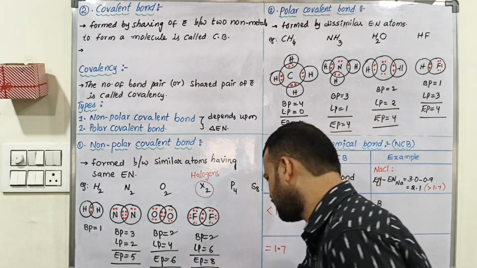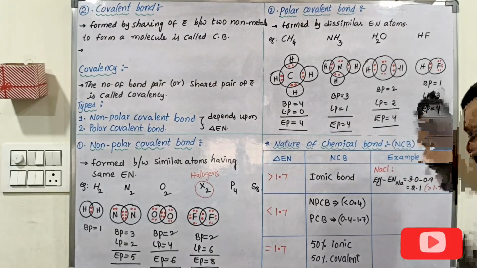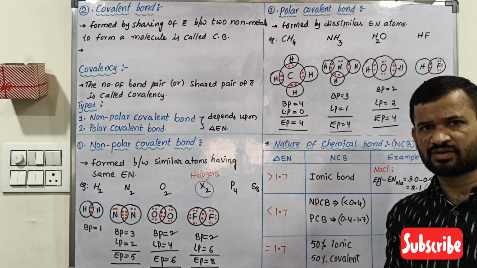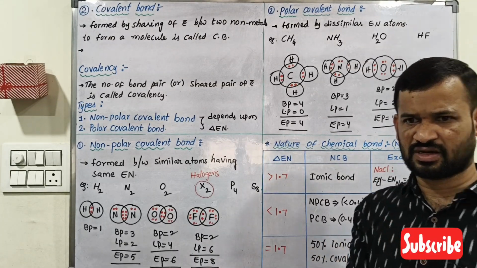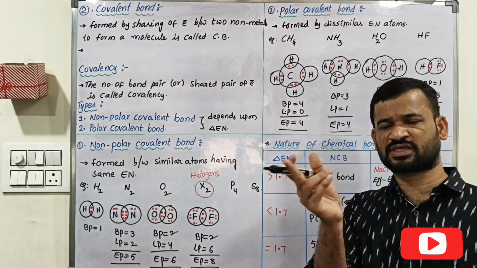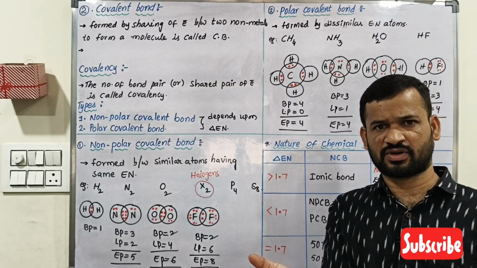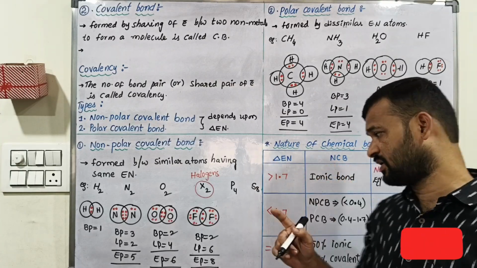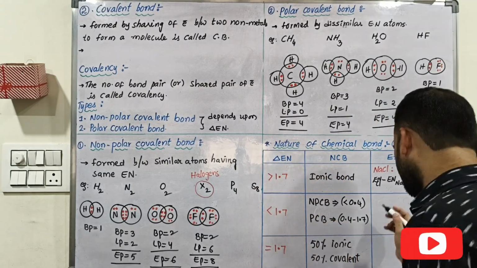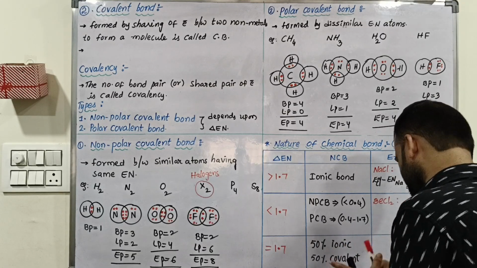Beryllium chloride. Beryllium and chlorine. Whenever we see this, beryllium is a metal and chlorine is a non-metal. Some of the students put the wrong option. The combination of metal and non-metal is called an ionic bond, but here it is covalent in nature. So now we will see beryllium chloride.